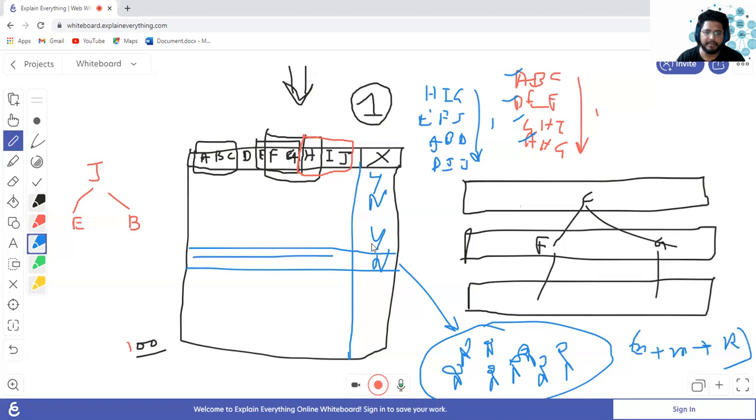Out of 100 decision trees, say 79 decision trees said that this person will have a heart disease, and 21 decision trees said that he will not have a heart disease. So I will say he has a heart disease.